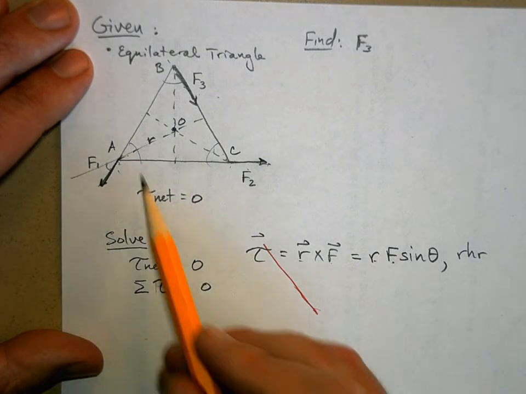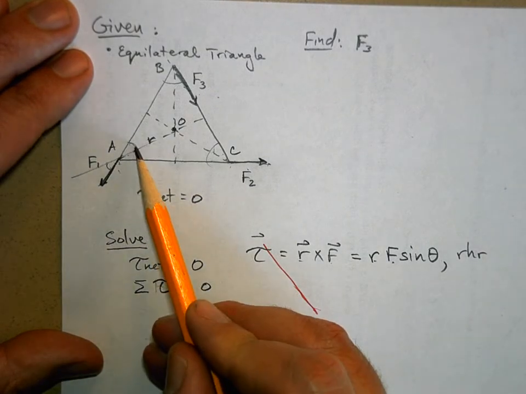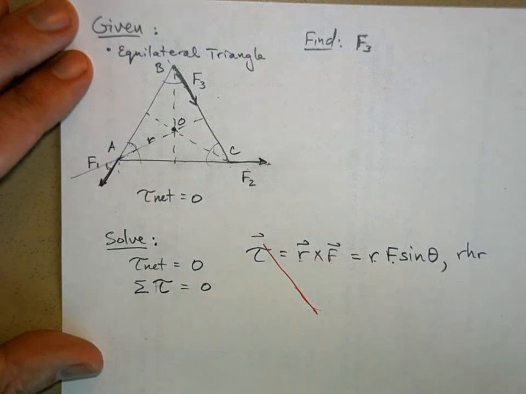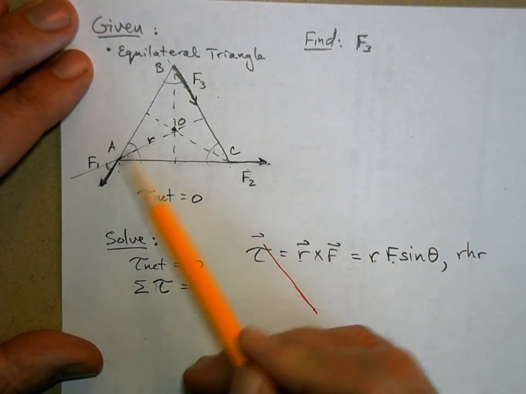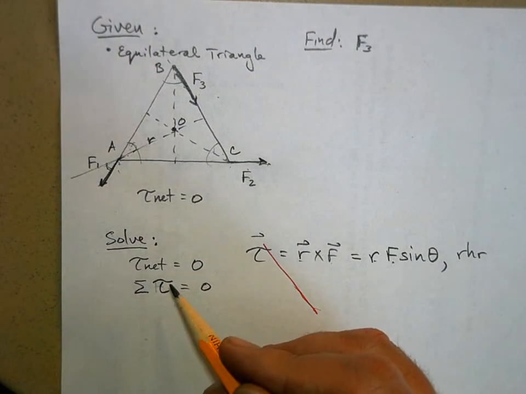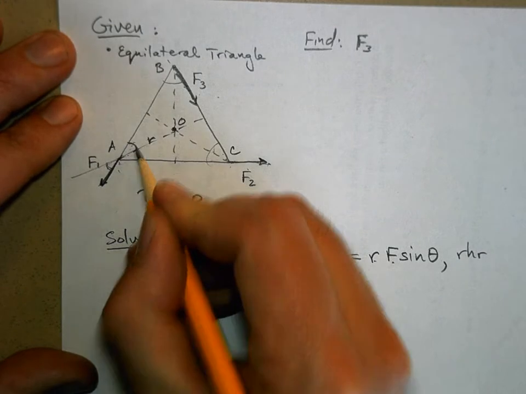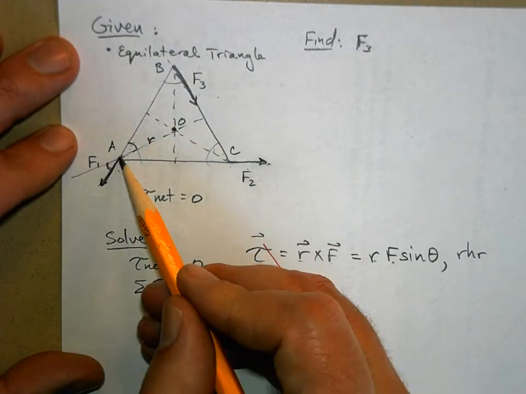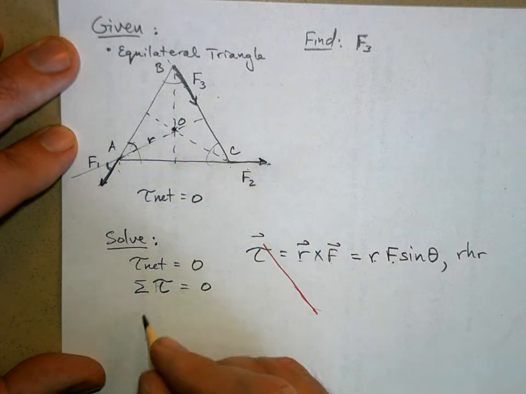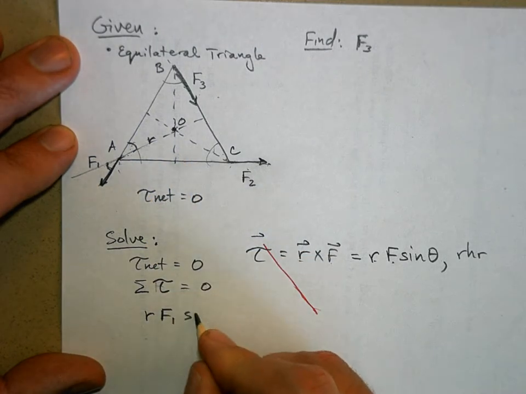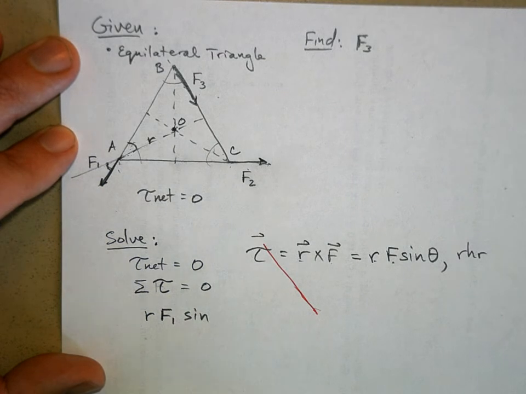That would be 30 degrees, since this angle is 30 and they're opposite angles, so this angle is equal to this angle. So it's going to be R times F1 times the sine of 30 degrees.